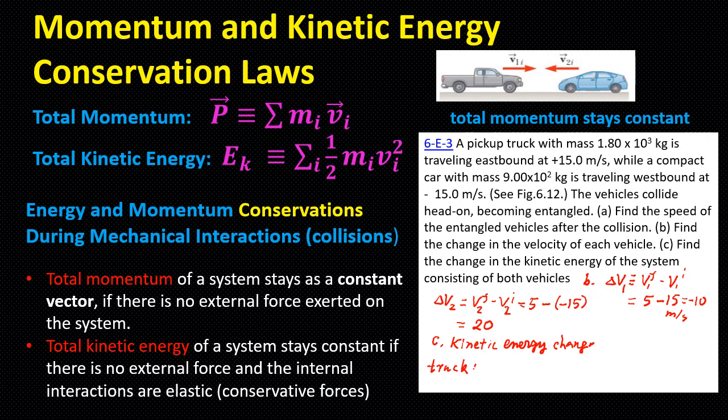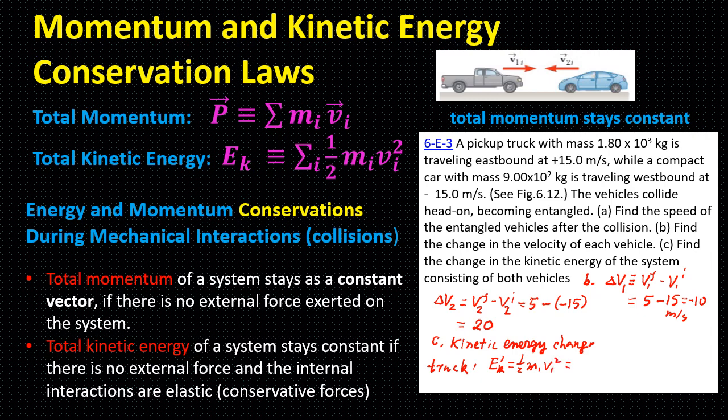Now, part C, find the kinetic energy change. Why do we want to find the kinetic energy change? We just want to see if the energy is lost into some other form. So let's find it for the truck. So again, any change, it is before and after. So before, it is kinetic energy for the truck, K1, it's half M1 V1 squared.